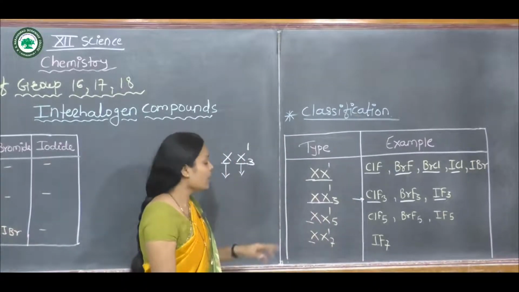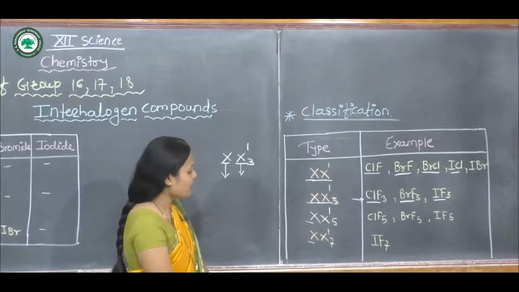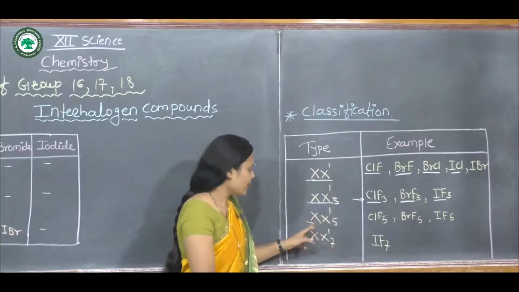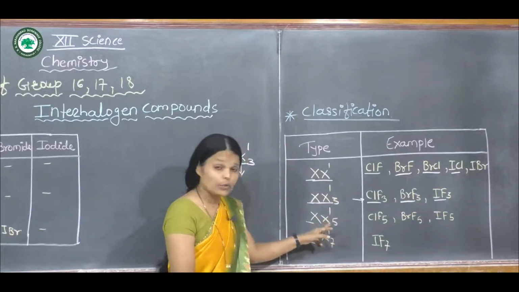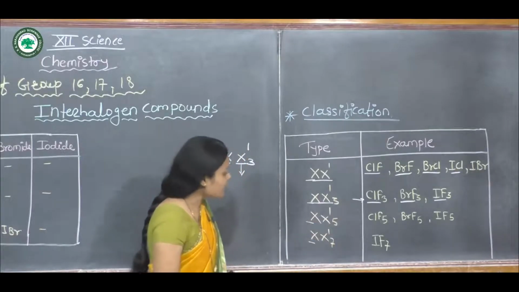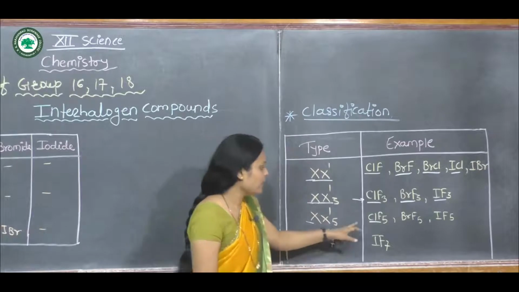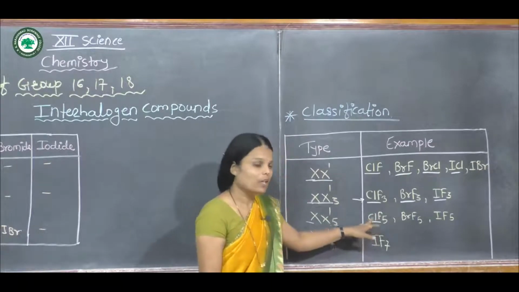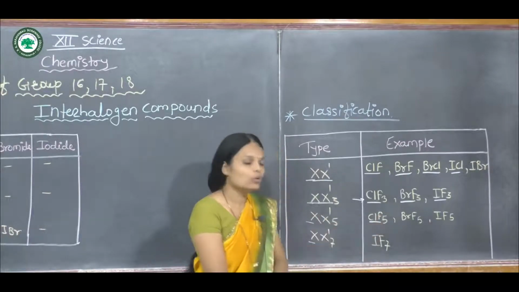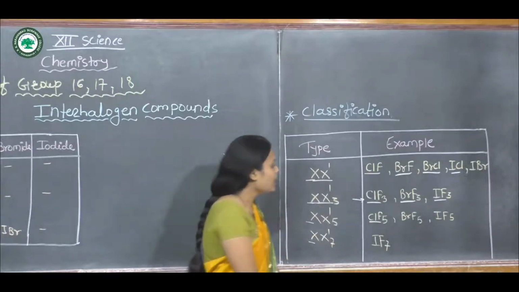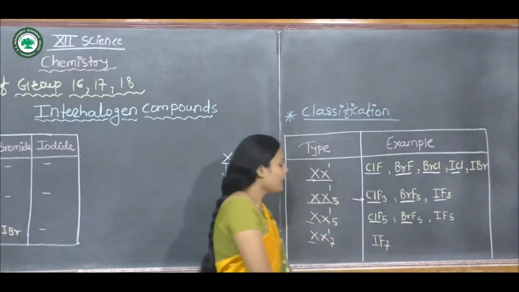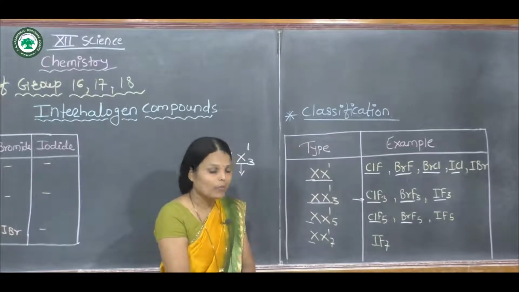Then the third type is X X5 dash. Here is the example of chlorine pentafluoride, ClF5. Then bromine pentafluoride, BrF5.